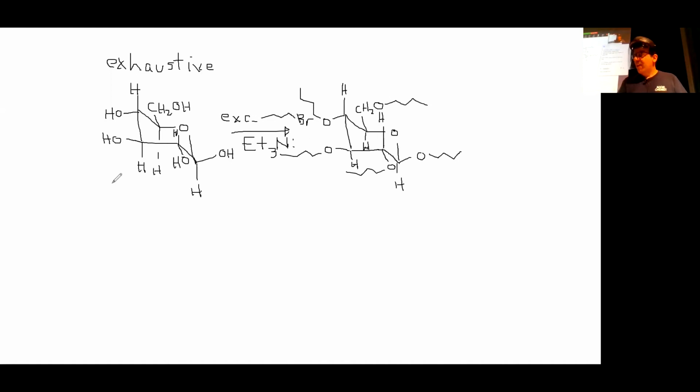Gonna have to dodge that other molecule here. 1, 2, 3, 4. It works. CH2O-butyl. 1, 2, 3, 4. And the hydrogen down here. So I would expect to get a product looking much like this. But this is nothing new here. This is not a new reaction for us. We already knew you could do that type of thing with alcohols. And so all we're observing is that you can do the very same thing with the alcohol functional groups on a sugar. That's all there is to it.